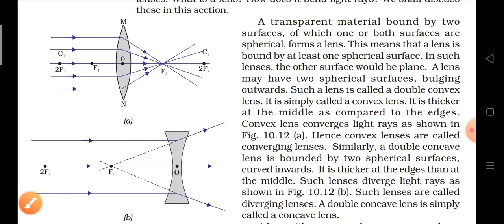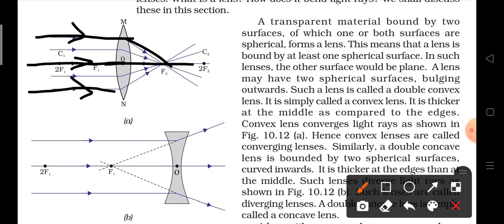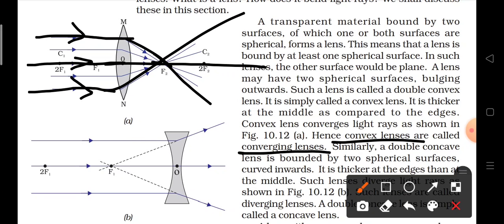You are able to see that the light is coming parallel to the principal axis. The light rays coming parallel to the principal axis are converged after refraction. That is why the convex lens is also known as a converging lens.